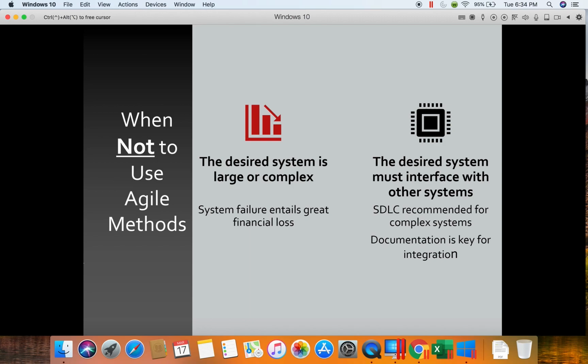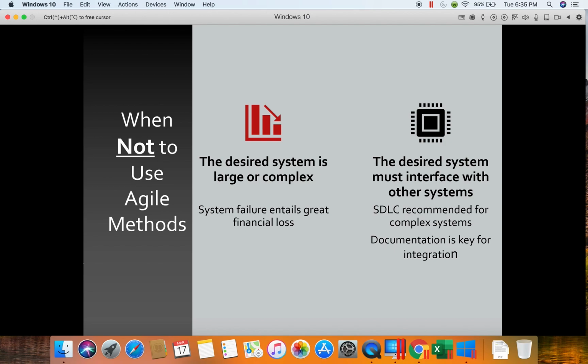So if documentation is key, then we need to be working with the systems development lifecycle. If this system is designed to interface with other systems, then we should be using the systems development lifecycle so that we ensure system-wide testing of all integrations and not just rolling out one module at a time.